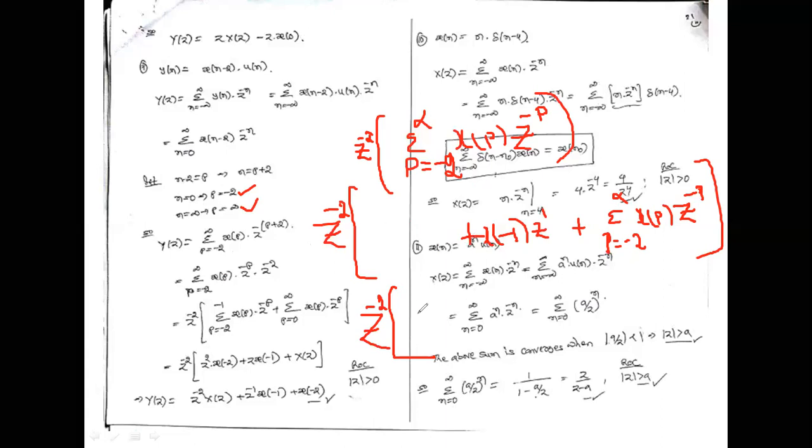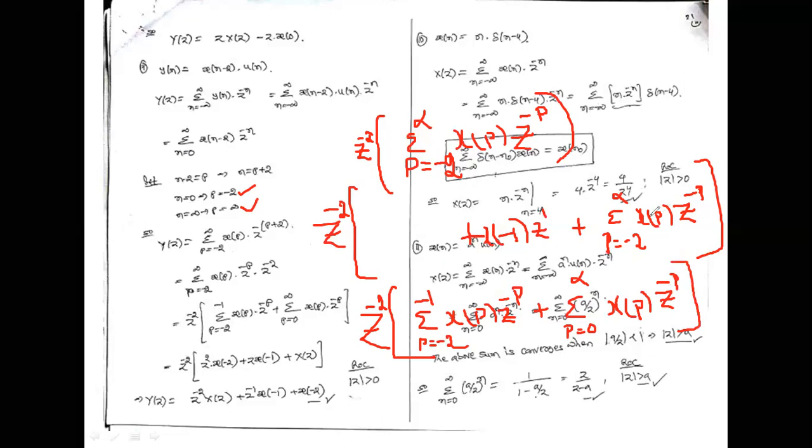So I am taking this one as the sum over p equal to minus 2 to minus 1 of x of p z power minus p, plus, minus 2 to minus 1 we got, and the sum over p equal to 0 to infinity of x of p z power minus p. This is the equation actually.